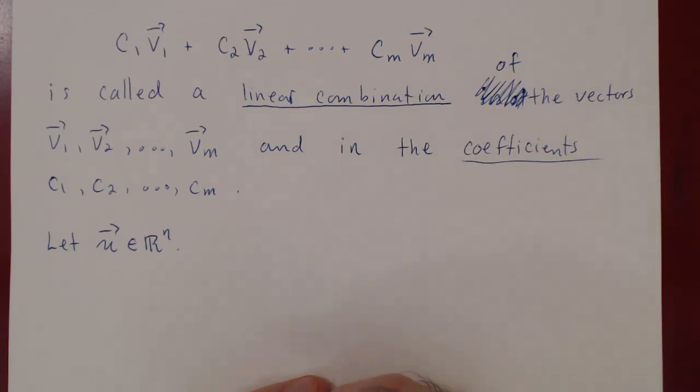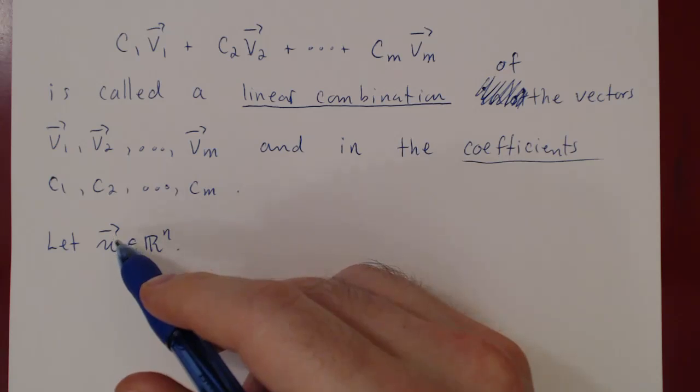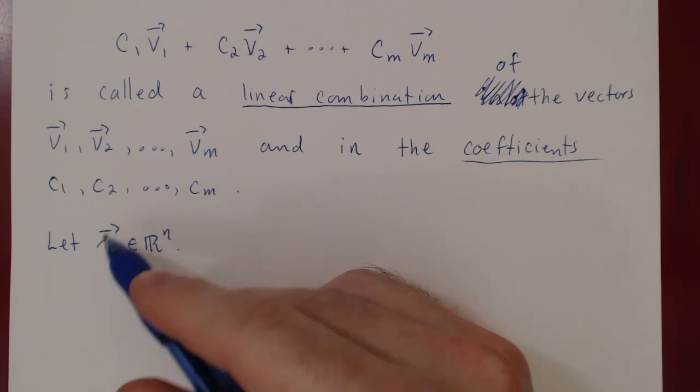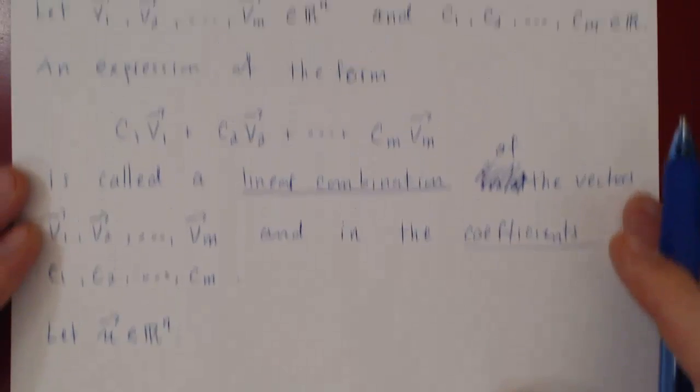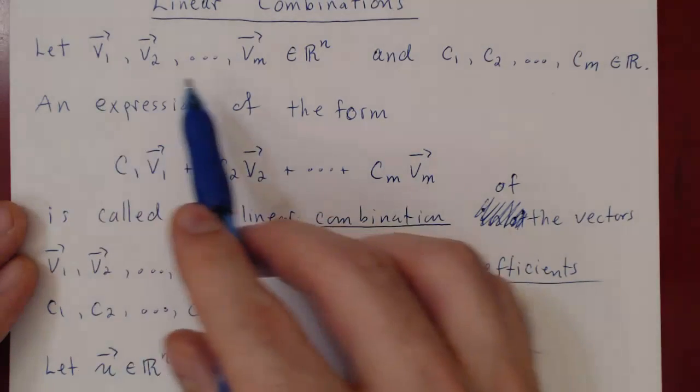One question that is natural, and you'll see over and over again in the following sets of problems, is: is it possible to express vector u as a linear combination of these m vectors?